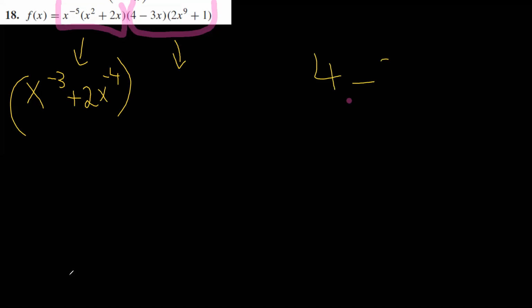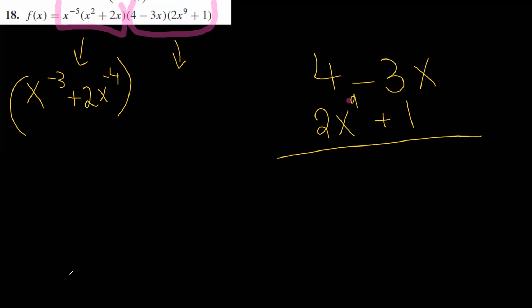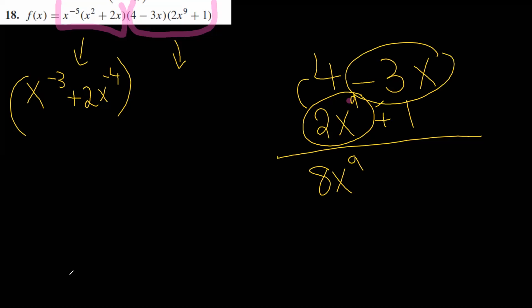4 minus 3x times 2x to the power 9 plus 1. The first step, I want you to multiply this one by 4. It will be 8x to the power 9. Then 2x to the power 9 by negative 3x. It will be negative 6x to the power 10.